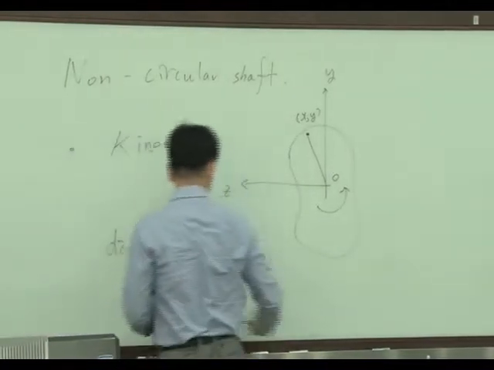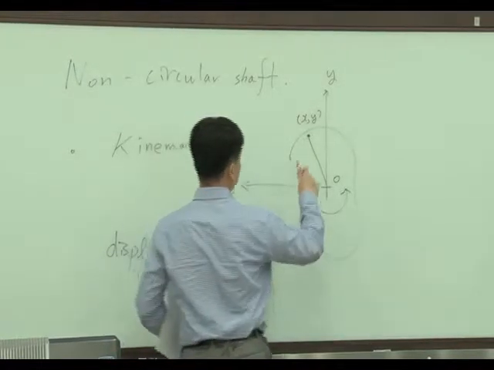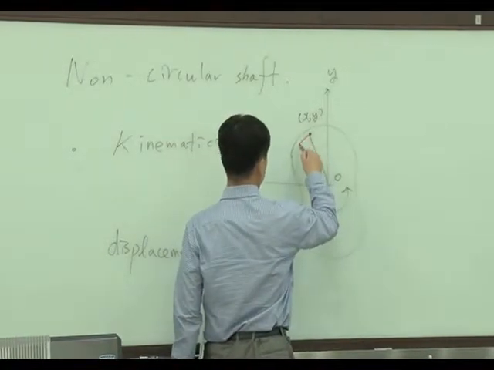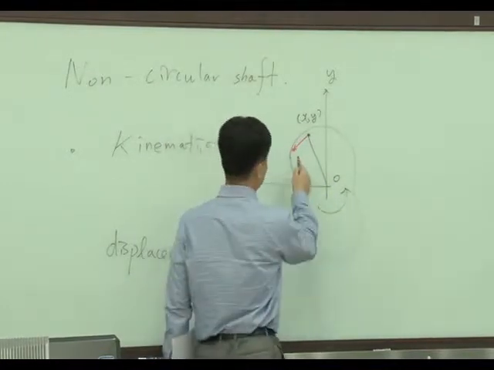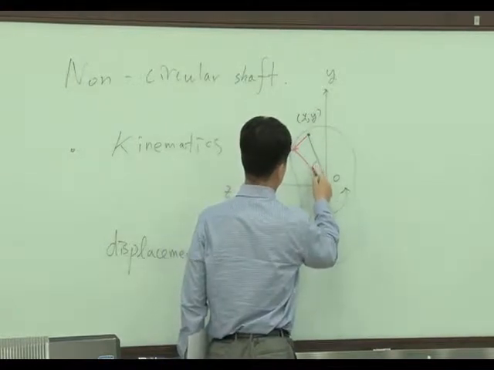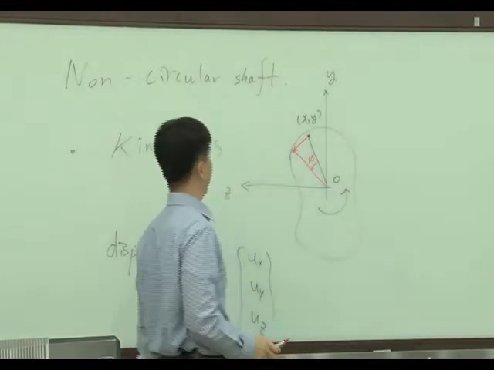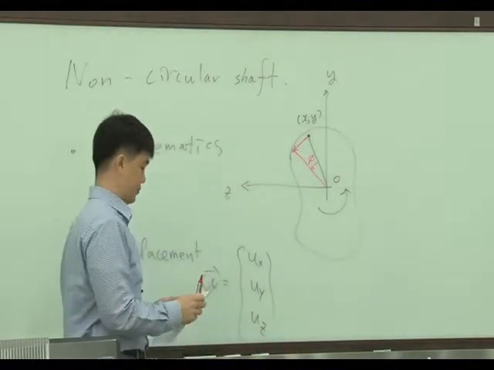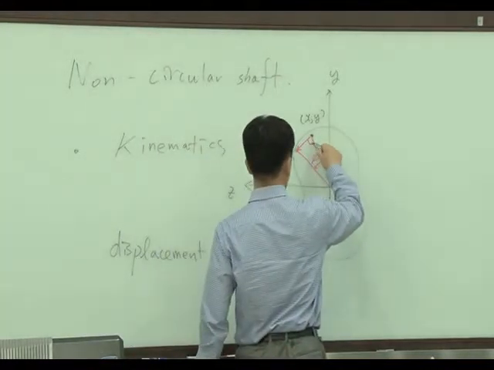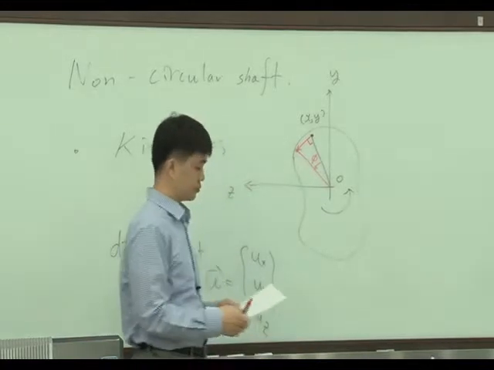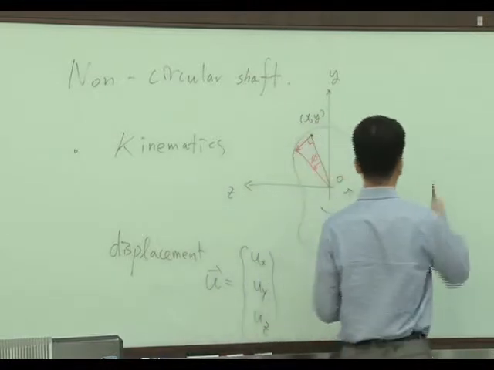This will move to this new point with the rotation phi. Phi is a twisting angle.